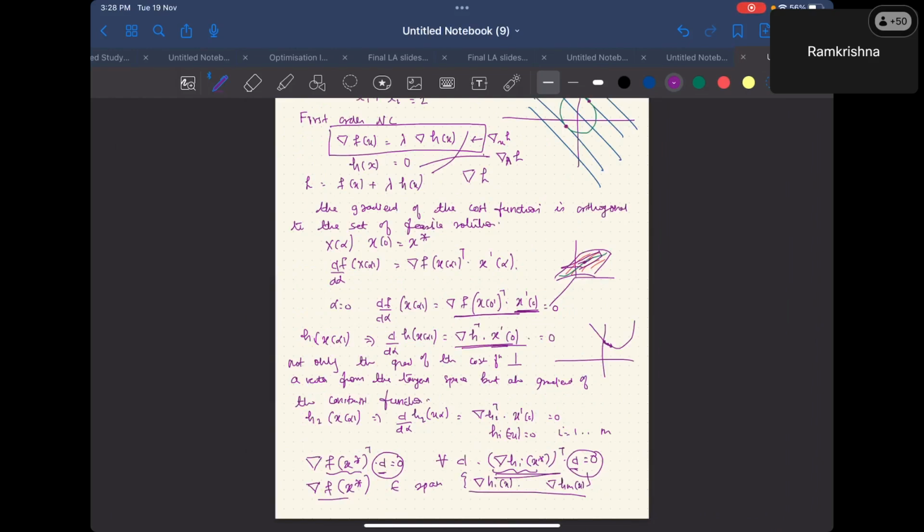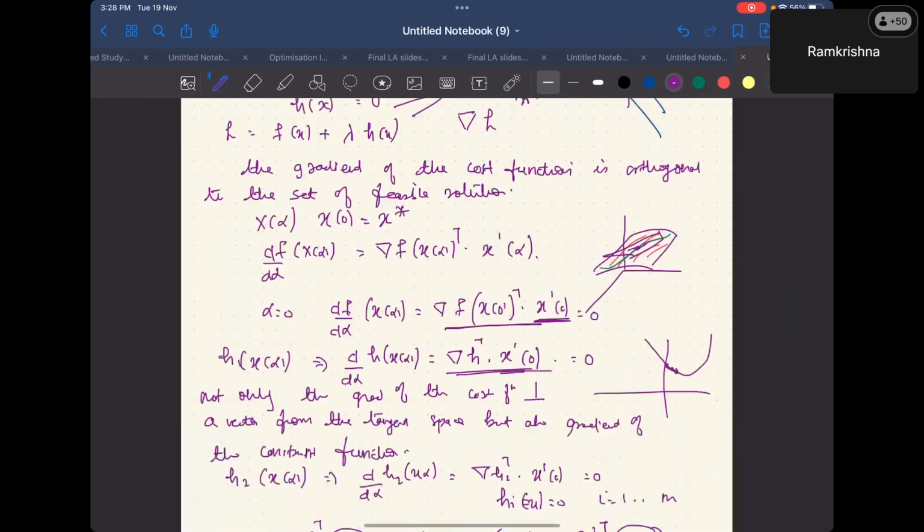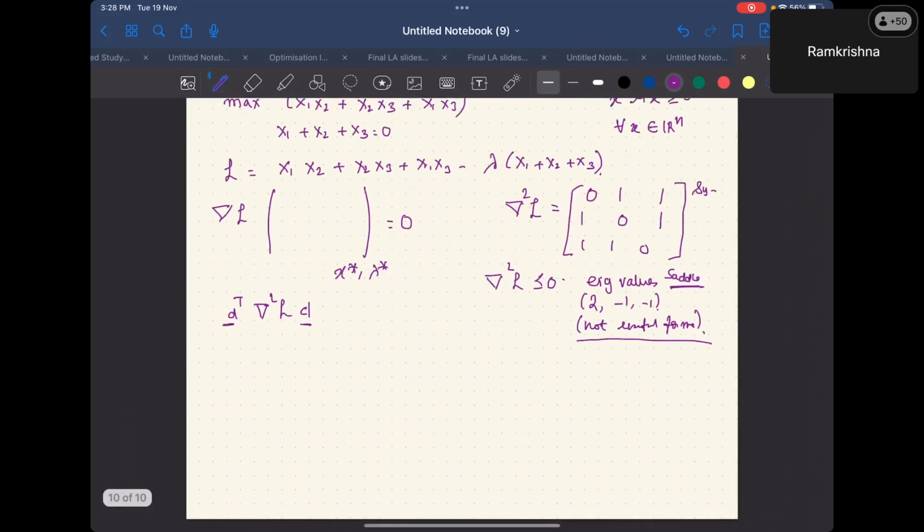Okay, this is my only region of interest. So this must hold for all d for which the gradient of h at x star, transpose times d, equals 0, right?